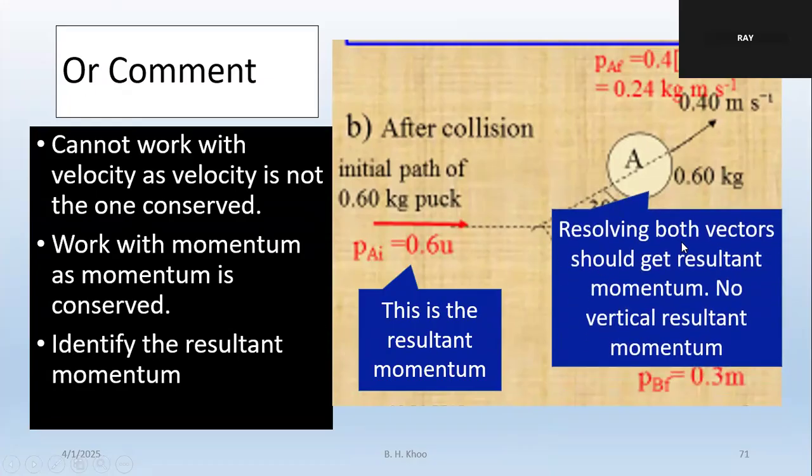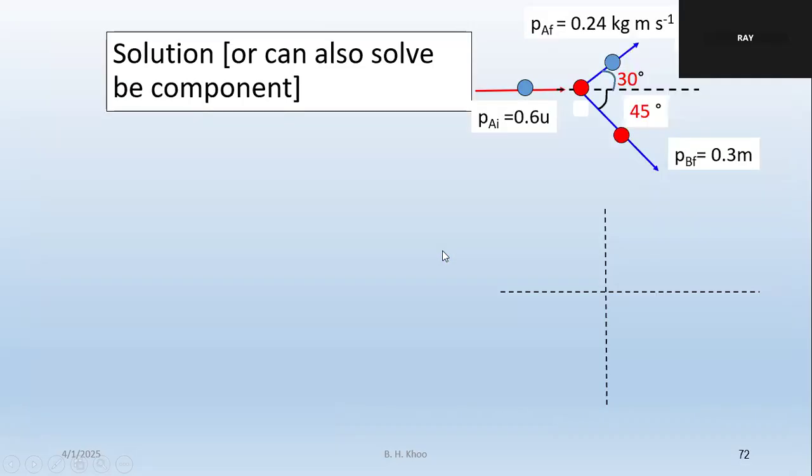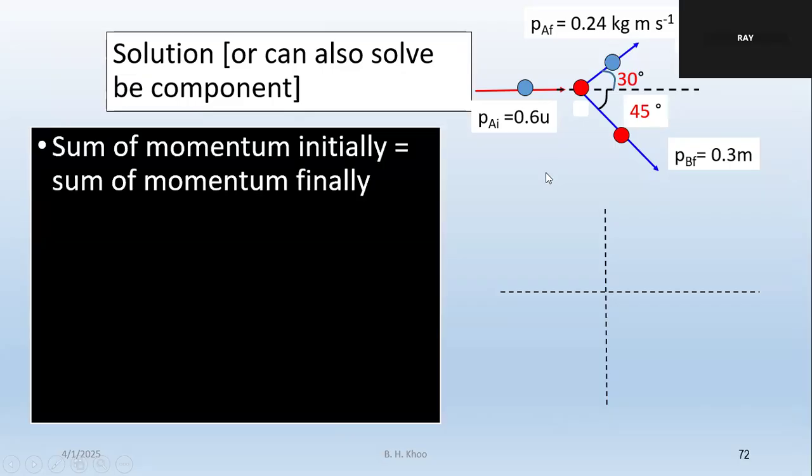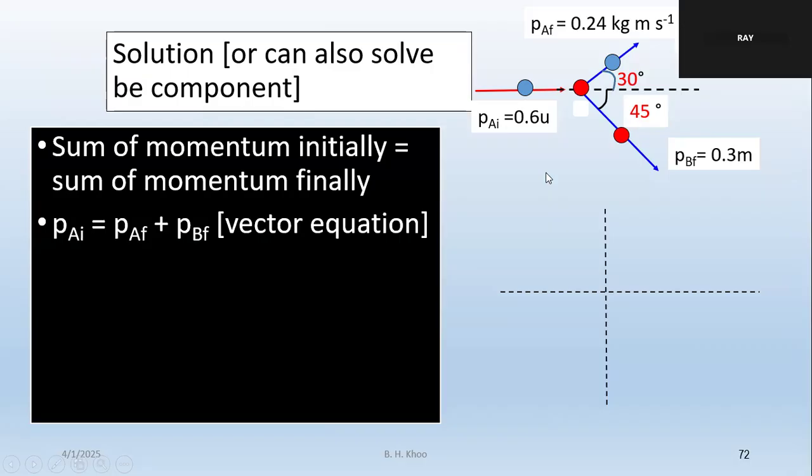Right? We can resolve it. We can resolve this vector into its components in the y direction and x direction. This one has no vertical component in the resultant direction. So, same picture. We are using components. PAI equals PAF plus PBF. That's the vector equation that we have written earlier.